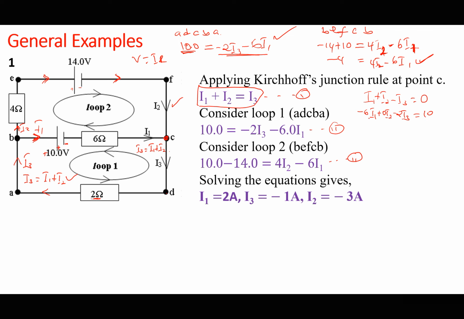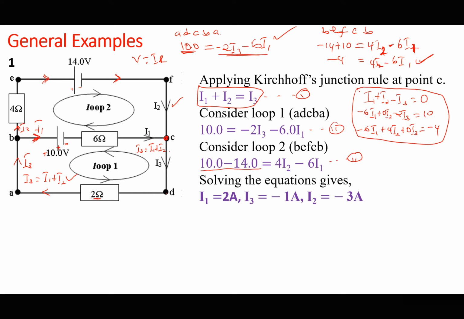I'm just trying to rearrange them for you if you want to solve them. Then this one has given us negative 4. So I can say negative 6 I1 plus 4 I2 plus 0 I3 equals negative 4. So we have these equations here.